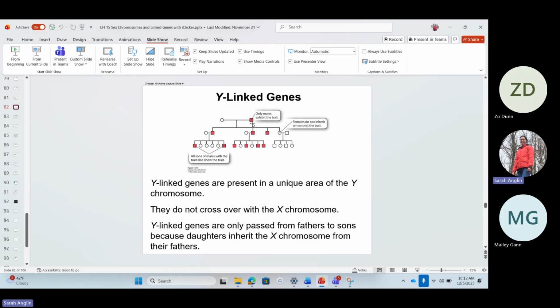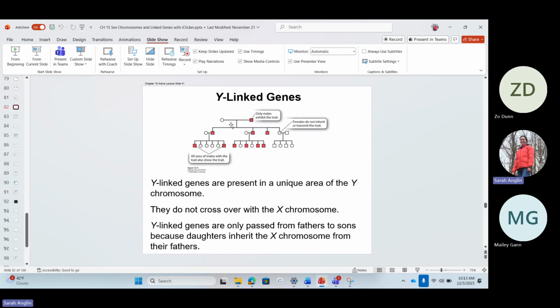Because remember, the sperm donor is going to give the Y chromosome to their sons. So they don't have an option. Those sons are going to have that gene. Now, obviously, daughters don't have Y's, they just have XX typically, right? So they're not going to be affected by any mutant allele on a Y chromosome because they don't have a Y chromosome.